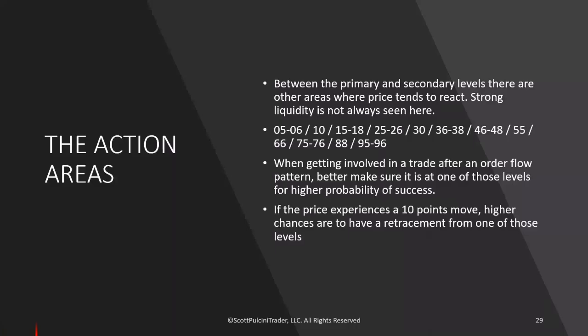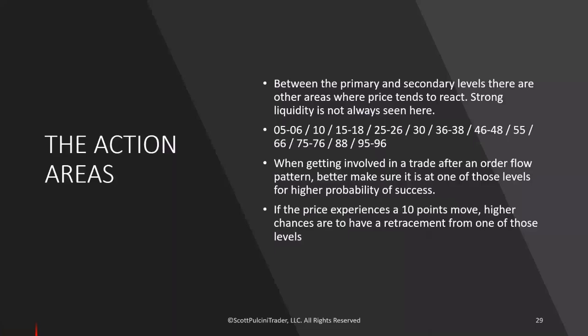There are very small short-term areas, and liquidity is not always seen there. You don't really have to see strong levels of liquidity. Sometimes the price will get there, you don't see any liquidity or very little bit, but the price will likely react around those areas.